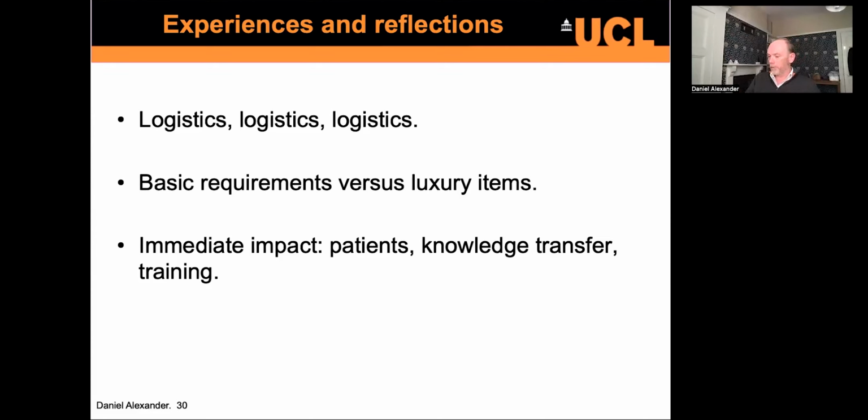So one of the key things about running a project like that in quite an unfamiliar environment is getting the logistics right. It's a major challenge. How do you get the right permissions for busing people from Ibadan down to Lagos? What insurance do you need? What computers do you need in the hospital to implement this, and how do you get them there? How do you organize the data transfer?